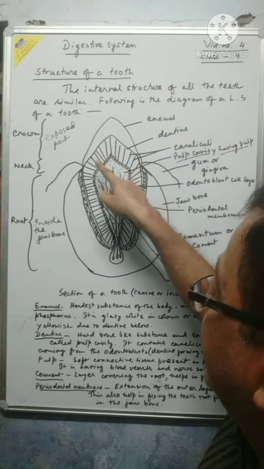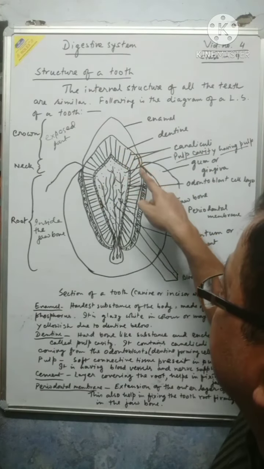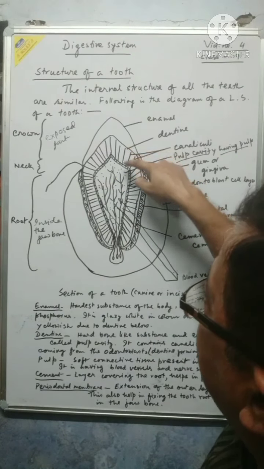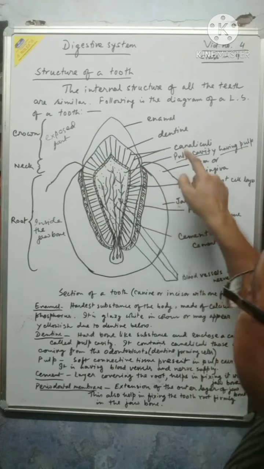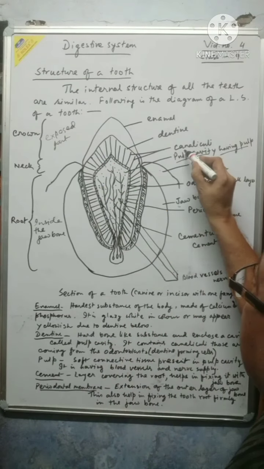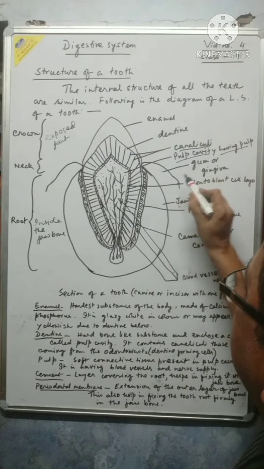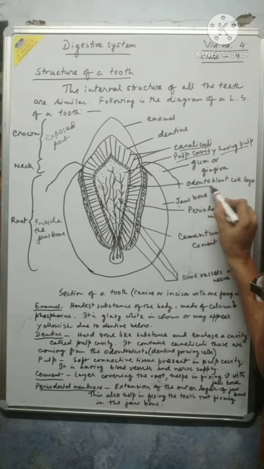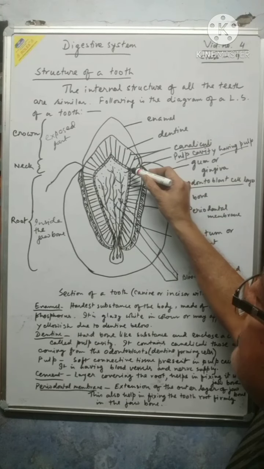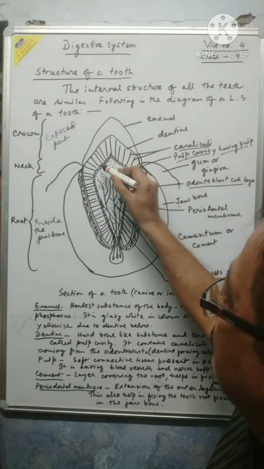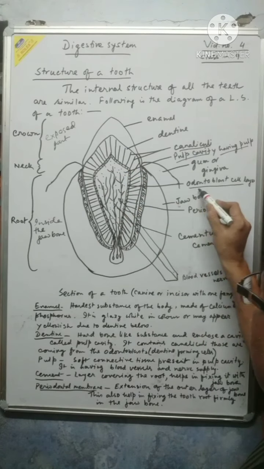Next is the bone-like structure, that is dentine. It is a kind of layer having lines. These lines actually represent canaliculi. These canaliculi are coming from the odontoblast cells. The cell which is actually forming this dentine is the odontoblast cell.